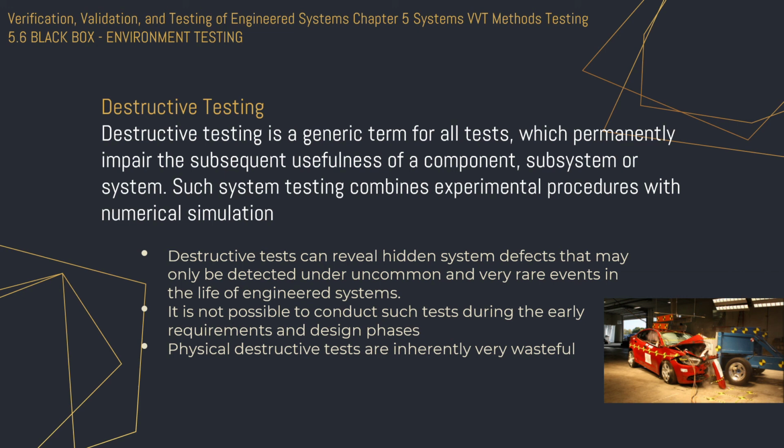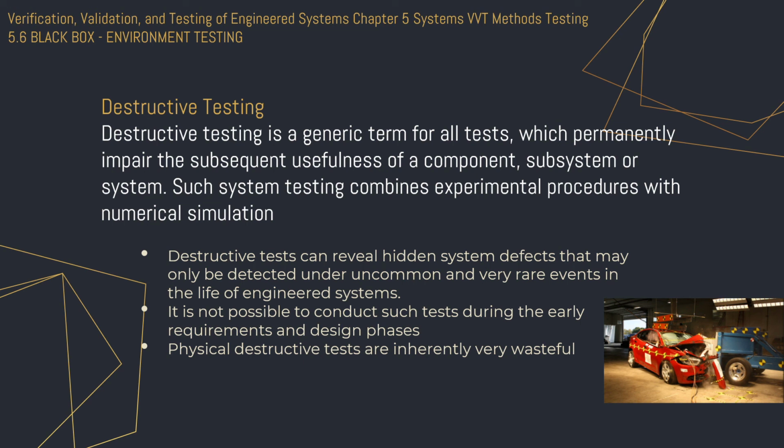Destructive testing is next on the environment testing for black box. Destructive testing is pretty much destroying your system or test on purpose, but for gaining valuable information and data. This test is experimental, but has some numerical simulation as a backup.